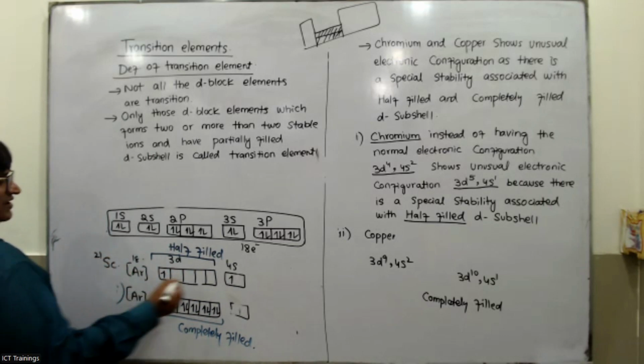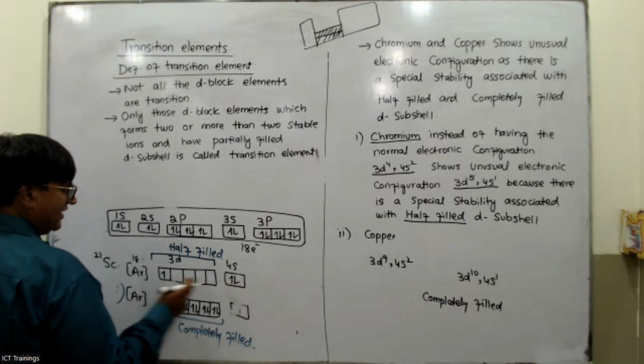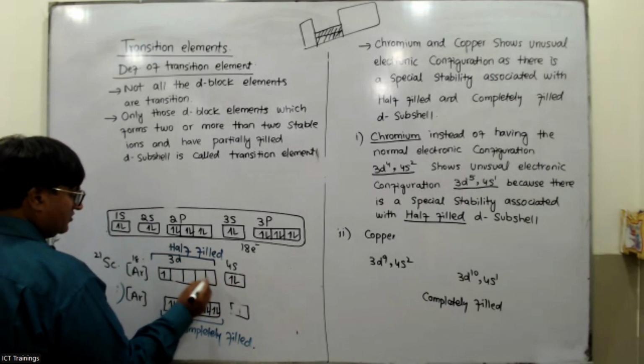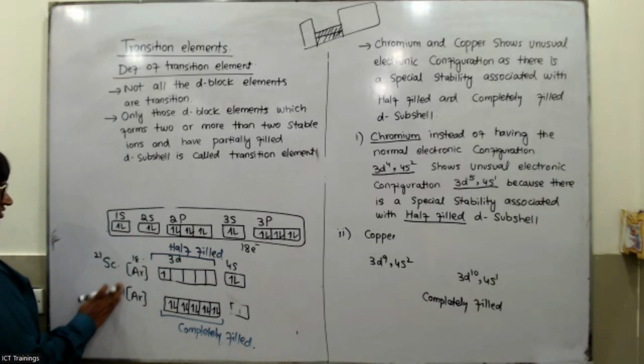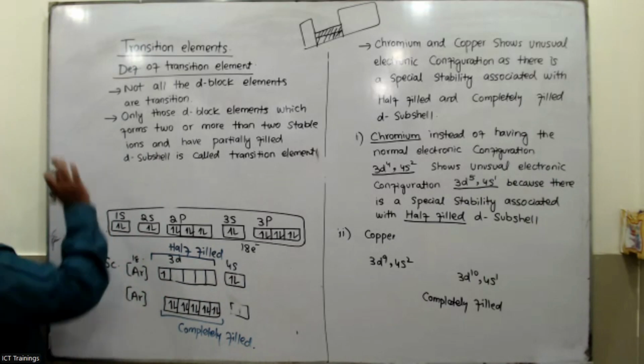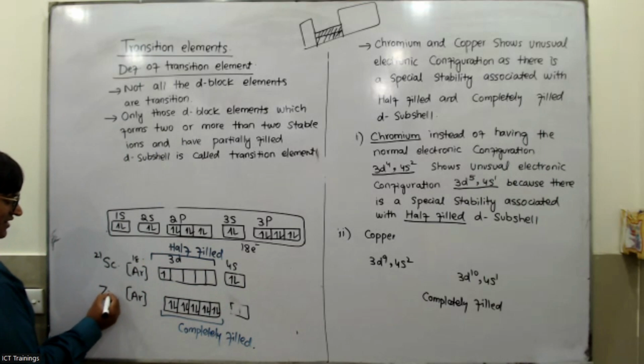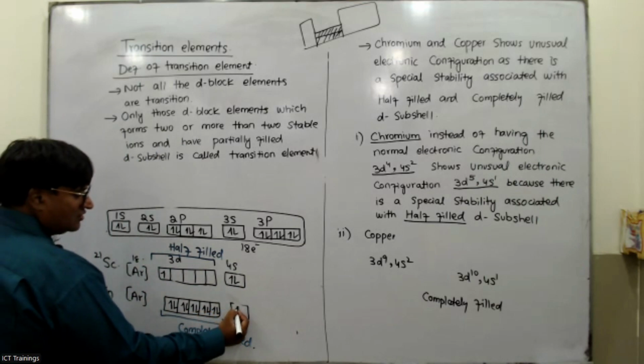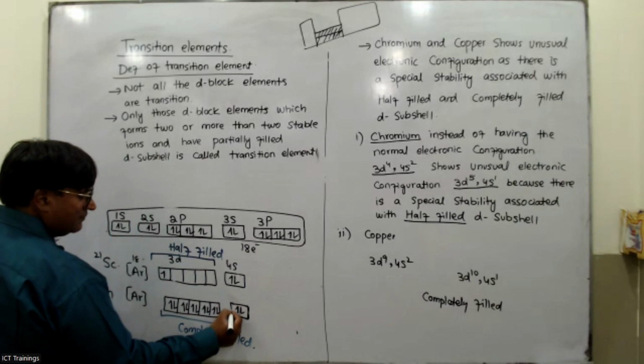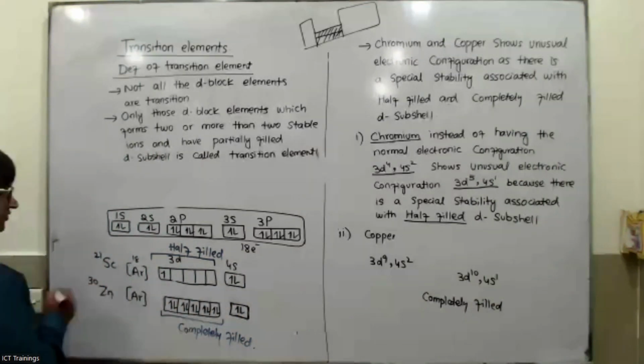Its proton number is 21. Here we got two electrons and here we got one electron. The second element which does not fulfill this definition is zinc. So zinc has proton number 30. Okay.